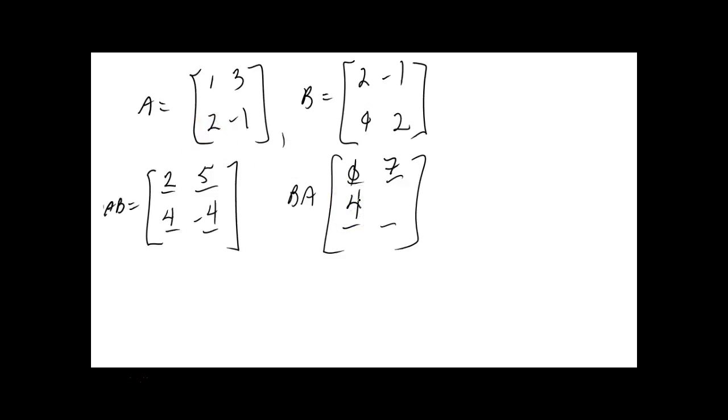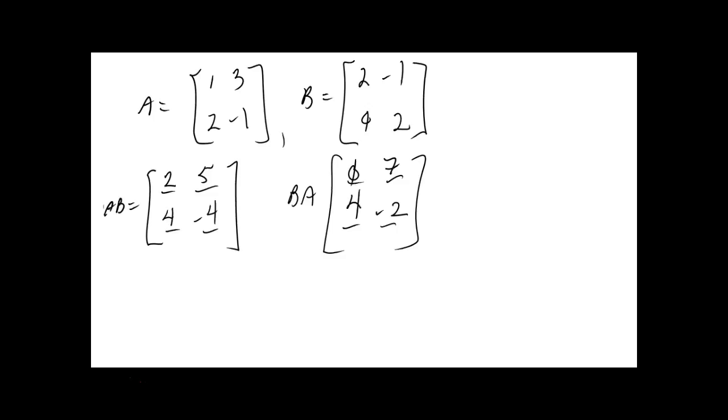And the 2, 2 entry, second row of B times the second column of A, 0, negative 2. Okay, I hope I did it right. It's kind of backwards. 0, 7, 4, negative 2. Got it. Obviously, they are not the same. In other words, nowhere close to the same.